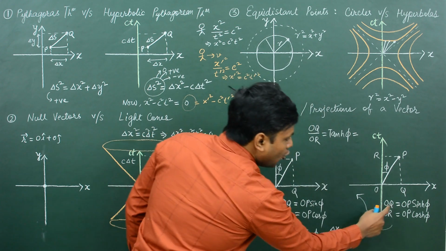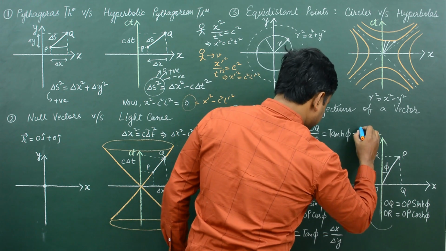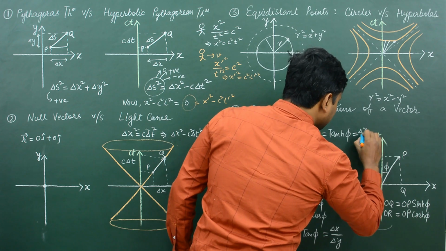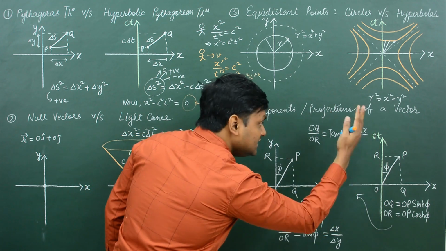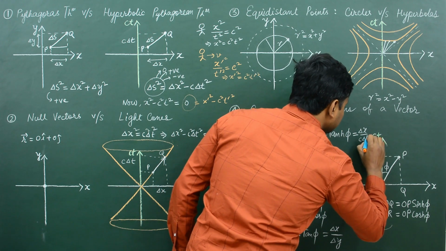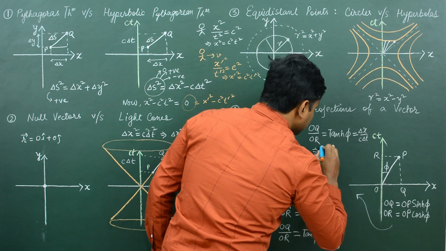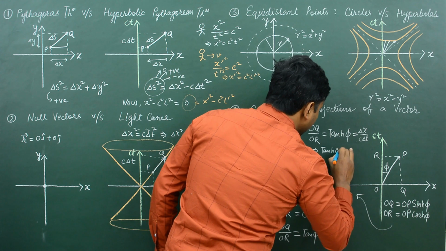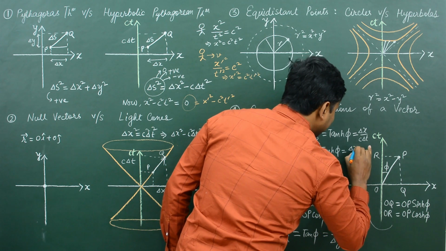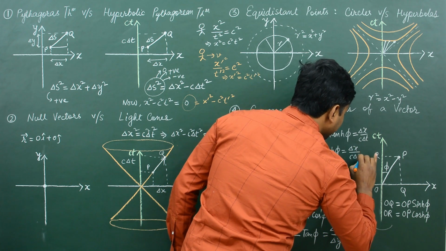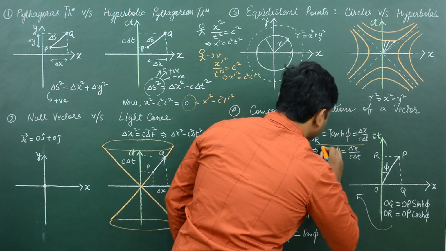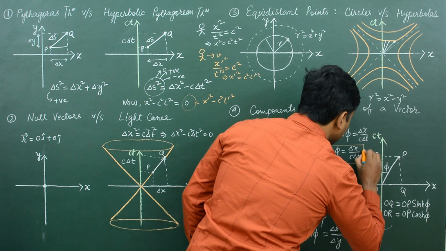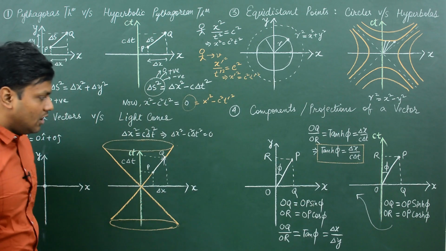OQ is del x, and OR is nothing but del CT, or c del t. So this gives us that tan hyperbolic phi is equal to del x upon c del t. This is a very important conclusion, a very important difference between Euclidean space and Minkowski space-time.